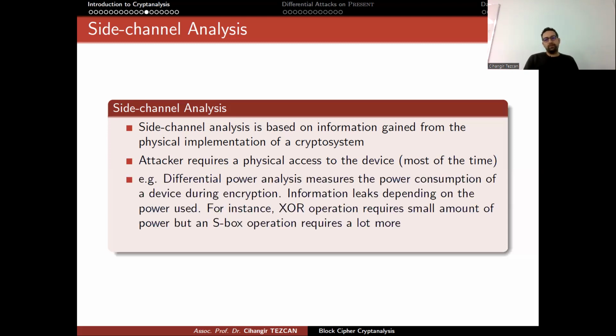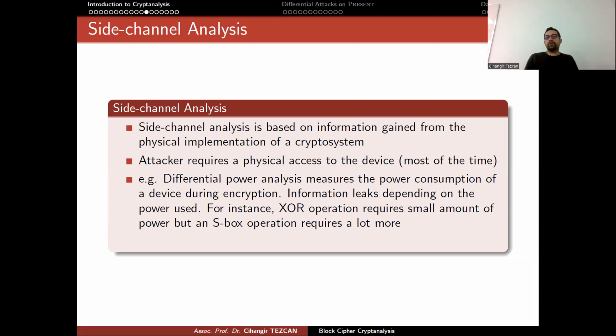For example, differential power analysis measures the power consumption of a device during encryption. So assume that you have physical access to the device, and due to IoT, smart cities, and so on, we have devices scattered around where you can physically find the device and touch them. So if you have some cables, you can put them on and measure the amount of power it uses with respect to time.